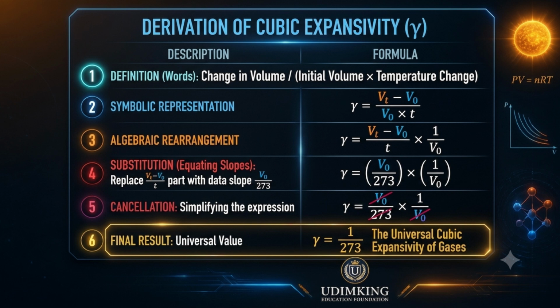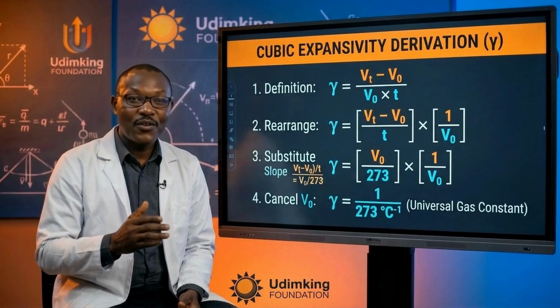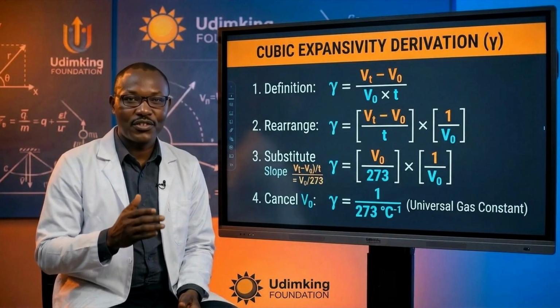Look at what happens on your screen. The term V0 in the numerator completely cancels out the V0 in the denominator. They vanish, leaving behind a single, universal, unchanging constant, 1 over 273 per degree Celsius. This is the ultimate mathematical proof of Charles's law.